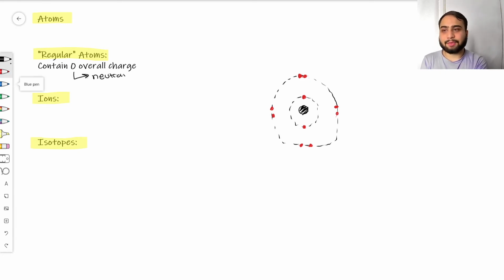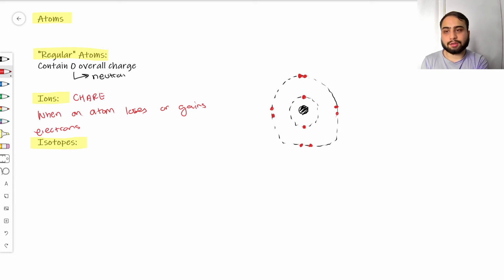An ion is formed when an atom loses or gains electrons. So these are charged particles.